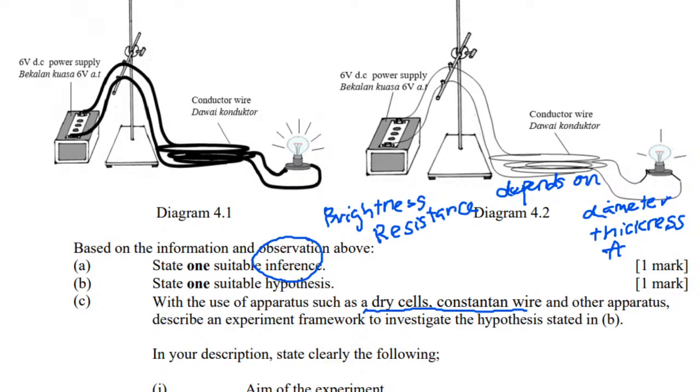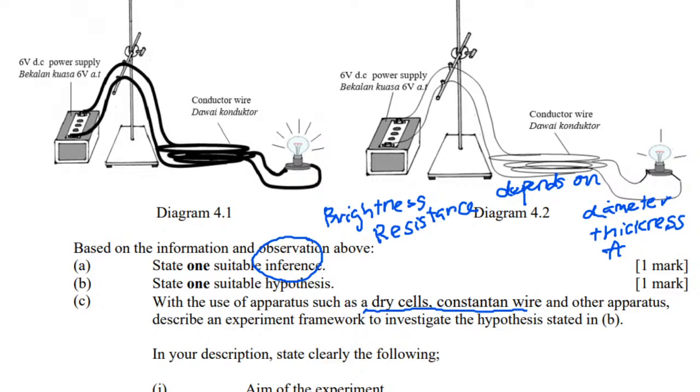Okay, when you write your hypothesis, we focus on Vincent's answer and Jasmine's answer. Greater diameter of wire, greater resistance. Okay. In terms of writing hypothesis, this is a correct way to write hypothesis. You can write like that: the greater diameter of wire, the higher the resistance.